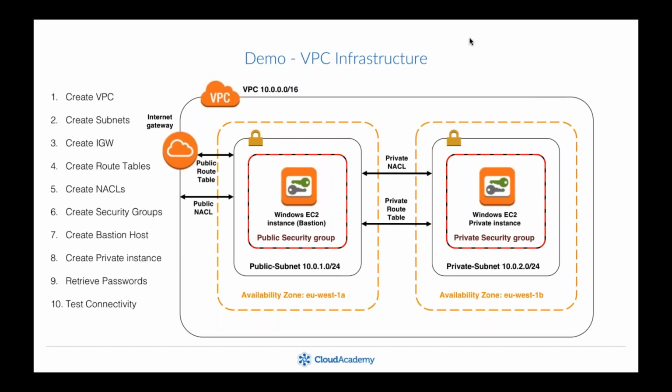And then from there, using security groups or network ACLs, establish a connection to other private instances within private subnets that don't have an external IP address. So it's just a secure way to access your private instances over the internet.